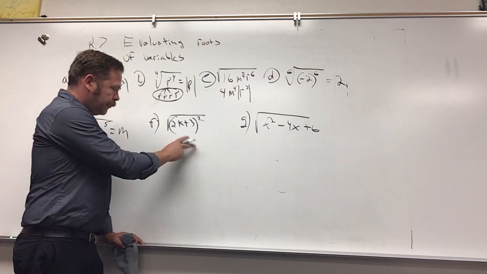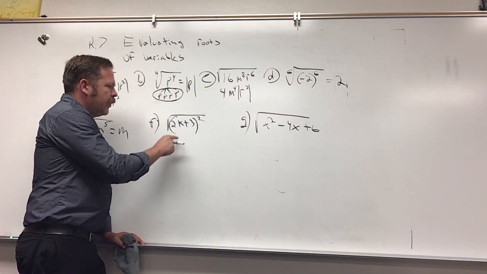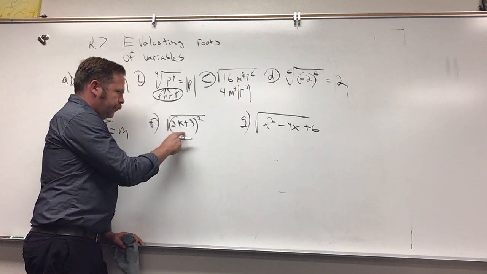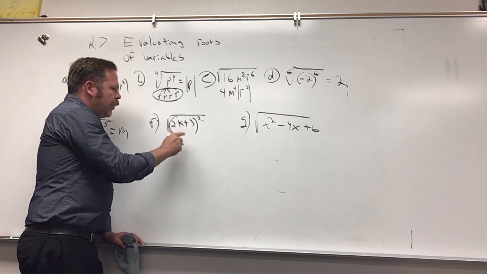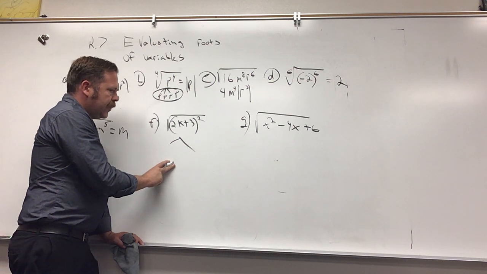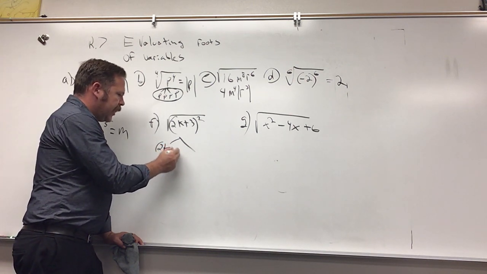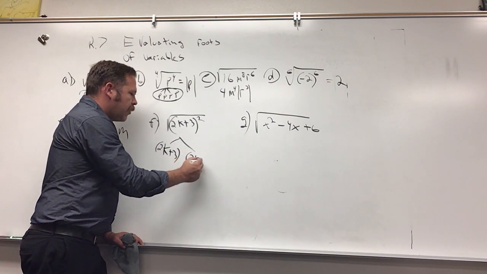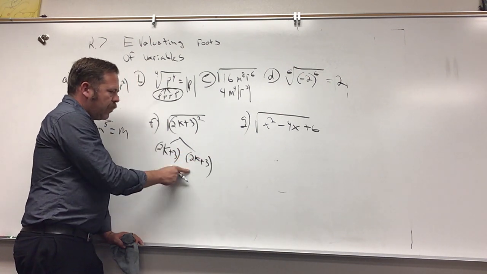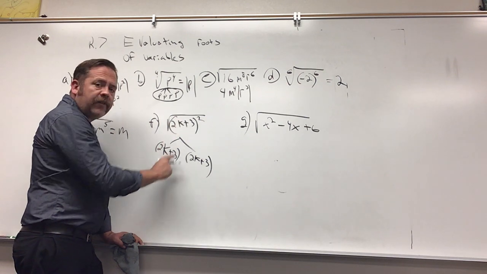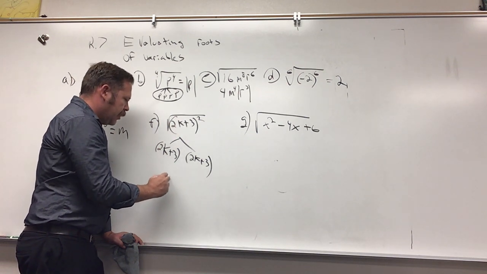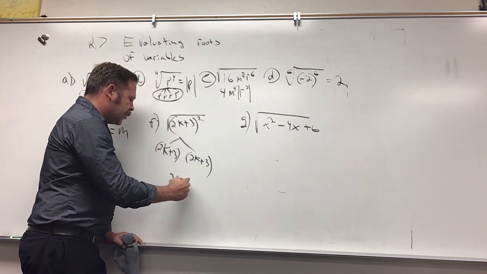Okay. Ooh, this one's neat. So if you were to break this down with a factor tree, you would get 2k plus 3 times 2k plus 3. So I have one pair of them. So what I have coming out here is just 2k plus 3.